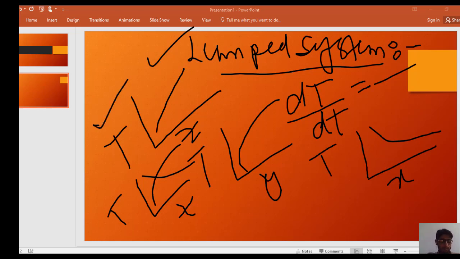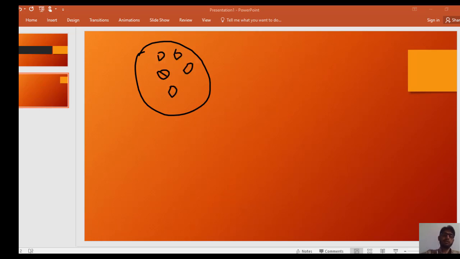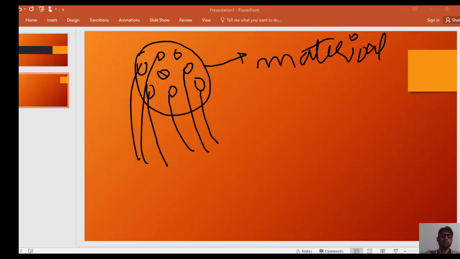In the lumped system, the temperature at every point in the material is constant.